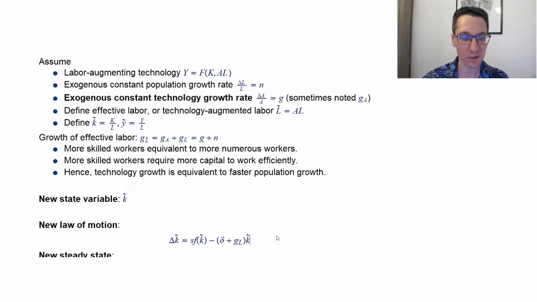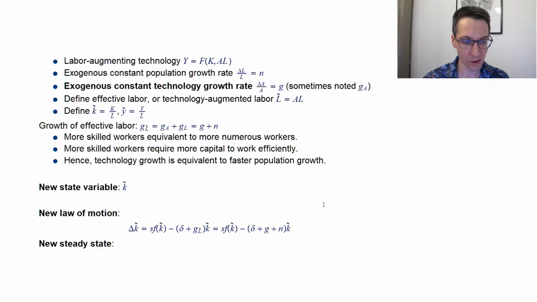So this is our new law of motion. All we have done is basically change n for g of L tilde, change k for k tilde, and nothing has changed otherwise. And we can note that we can already substitute g of L tilde by g plus n.